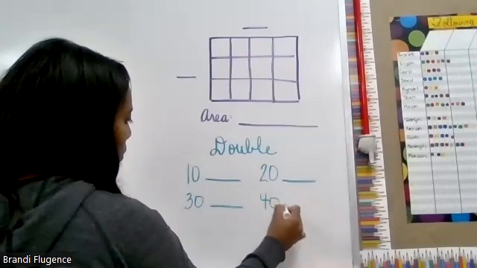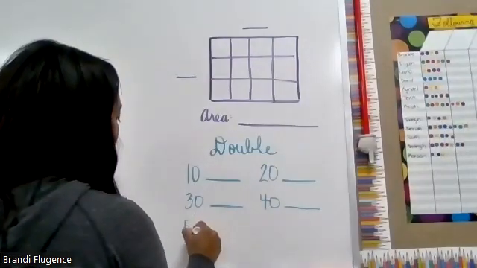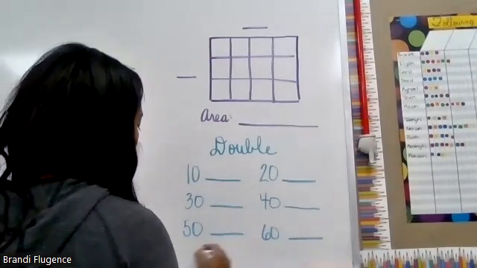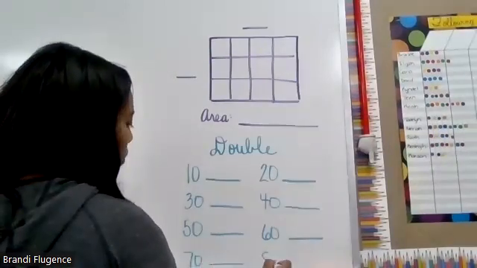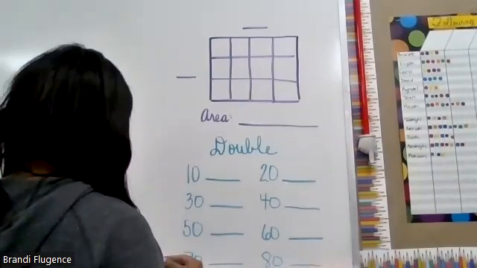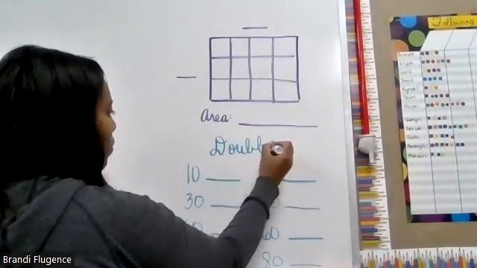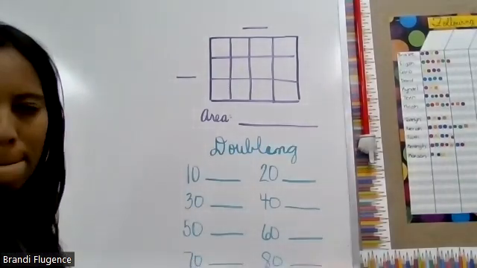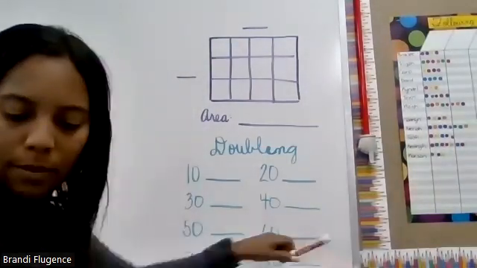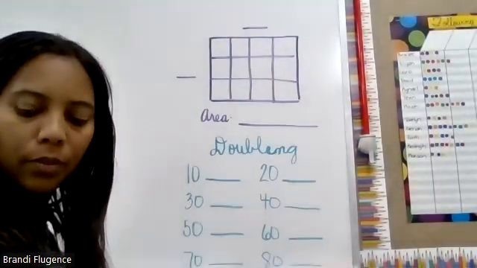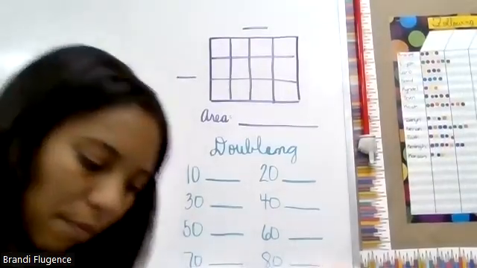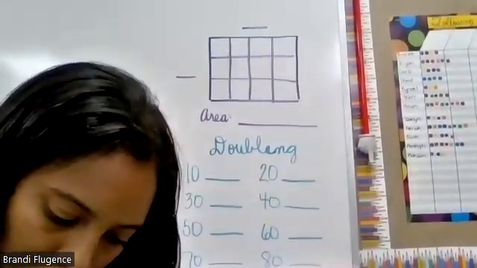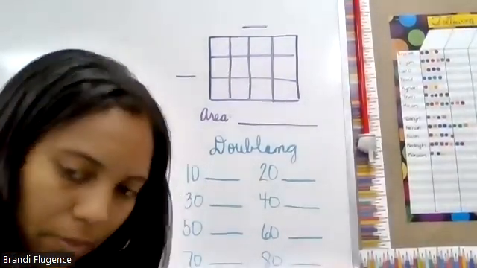2 times 8 equals 16. Avaya? 4 times 6 equals 16.